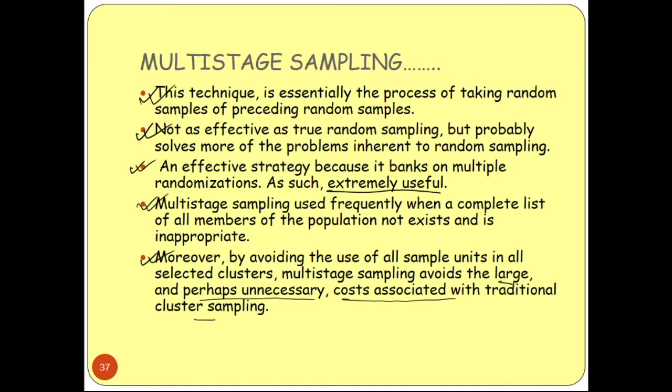It is a low-budget sampling because we can reduce the sampling cost of huge data, since here we are reducing so many values. Okay, so that is the advantage of multi-stage sampling over cluster sampling.